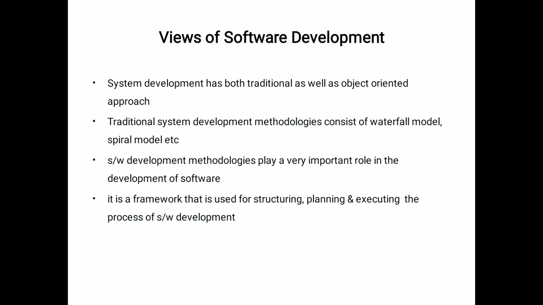Now, this traditional system development methodologies consist of waterfall model, spiral model, etc. Software development methodologies play a very important role in development of software. It is a framework that is used for structuring, planning, and executing the process of software development.